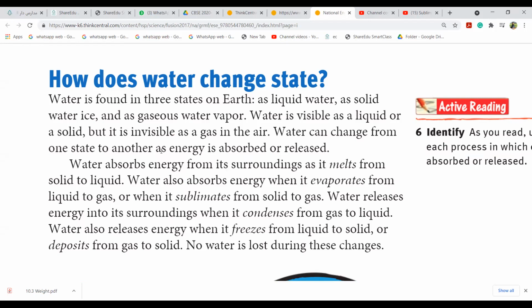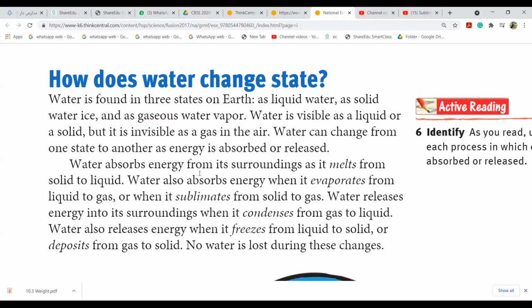Water can change from one state to another as energy is absorbed or released. Water absorbs energy from its surroundings as it melts from solid to liquid. This is what you are learning, girls: when it is melting, it absorbs energy from the surroundings to go from solid to liquid.